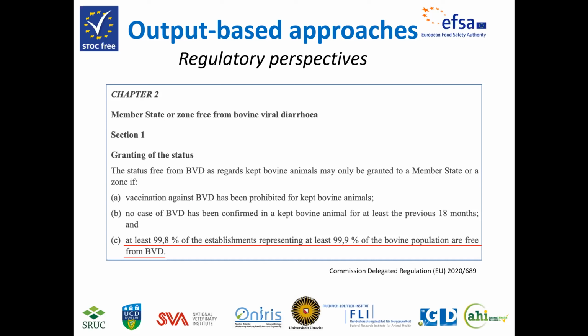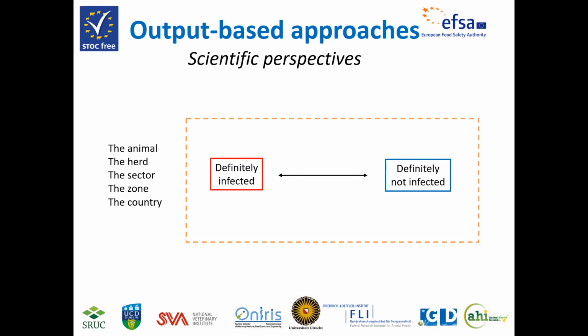Next slide, please, and my final slide. From a scientific perspective, considerable work has been undertaken, particularly seeking to quantify freedom from infection. And that could be at the level of the animal, the herd, the sector, the zone, or the country. And what we have, if we can imagine, is essentially a spectrum in terms of our certainty of freedom from infection.